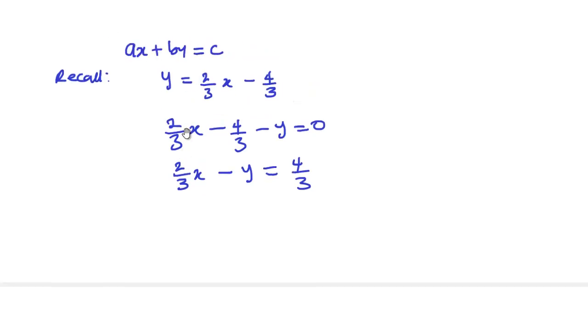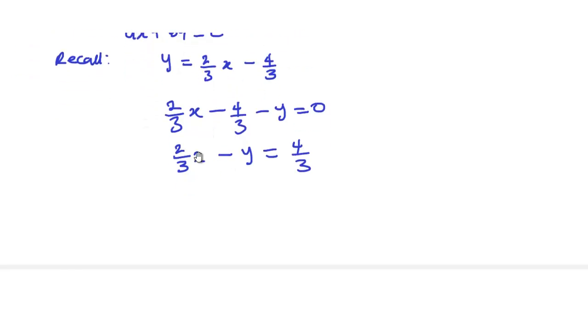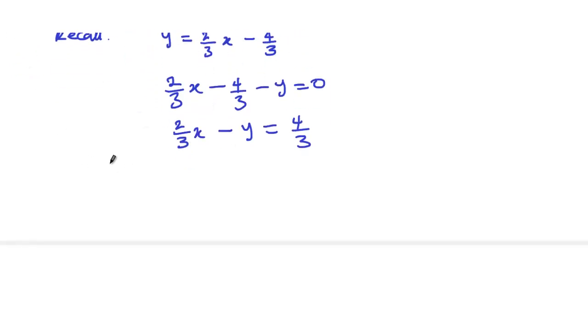But I do not really like the fact that it is like this. I want it to be on a level surface. So what will I do? I'll multiply through by 3.